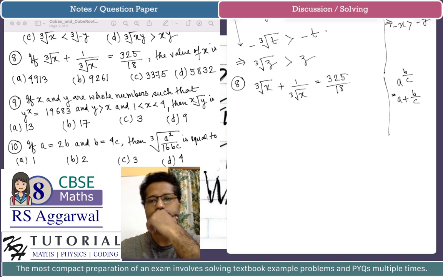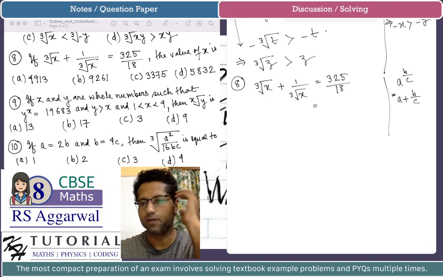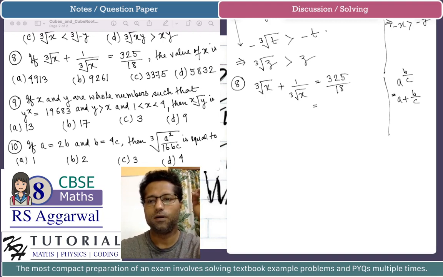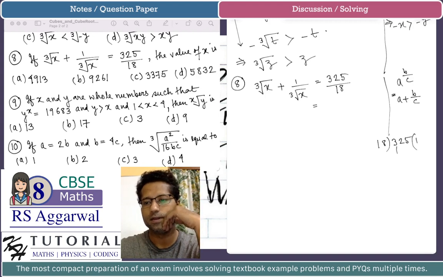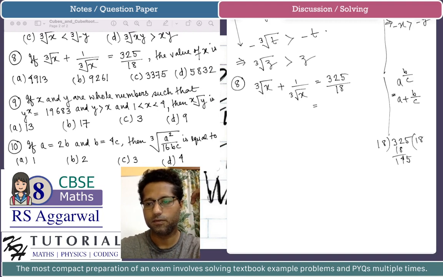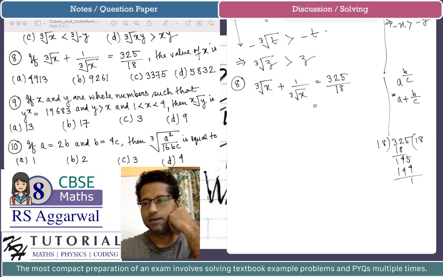Now let's see what is 325 by 18 in mixed form. If you divide 325 by 18, what do we get? 18 times 18 is 324, so 325 by 18 is nothing but 18 and 1 by 18.